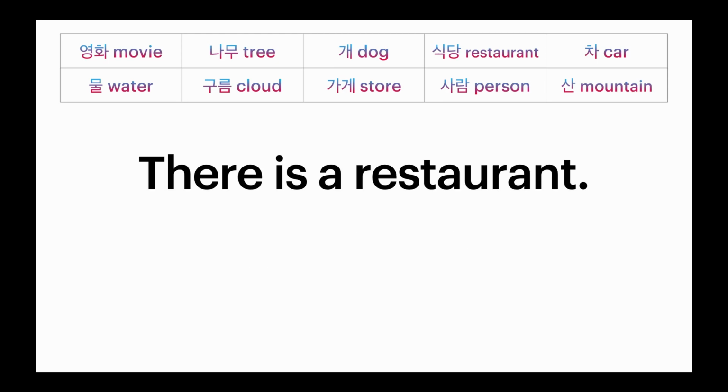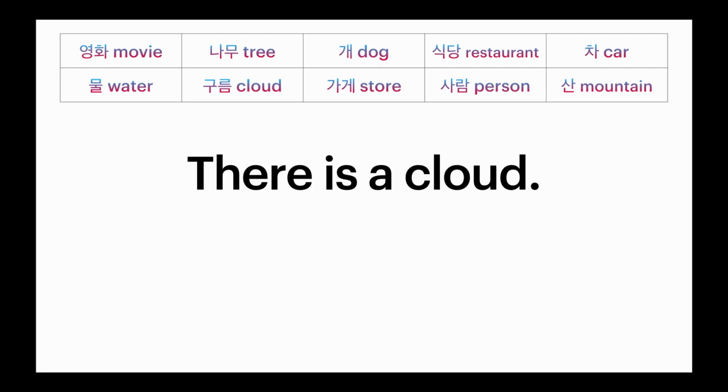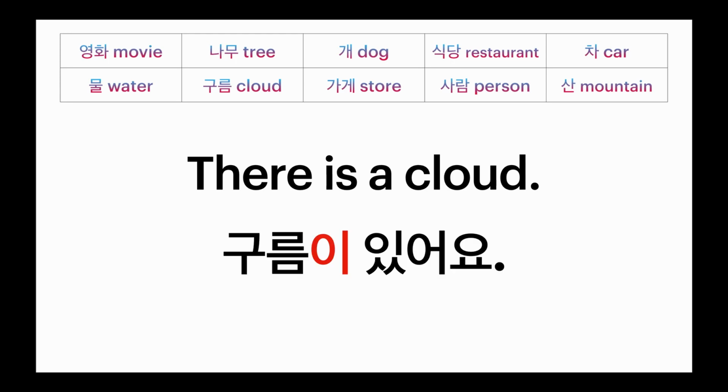There is a restaurant. 식당이 있어요. There is a cloud. 구름이 있어요.